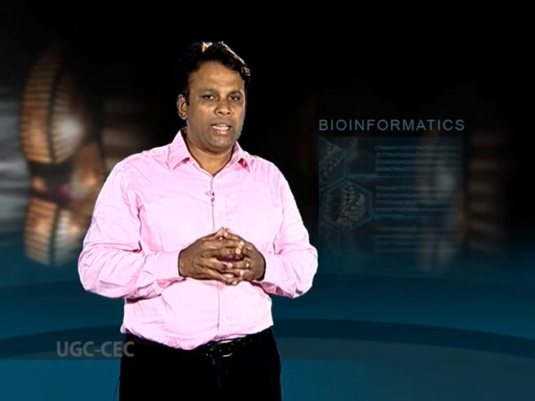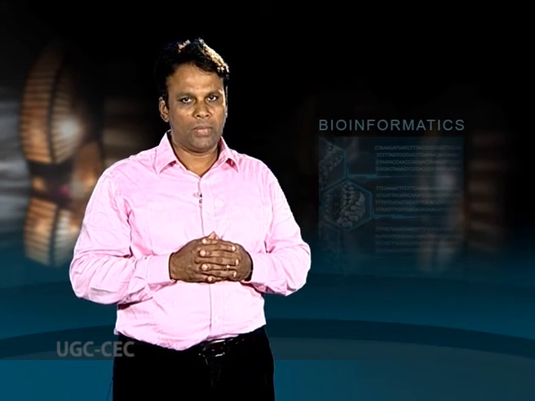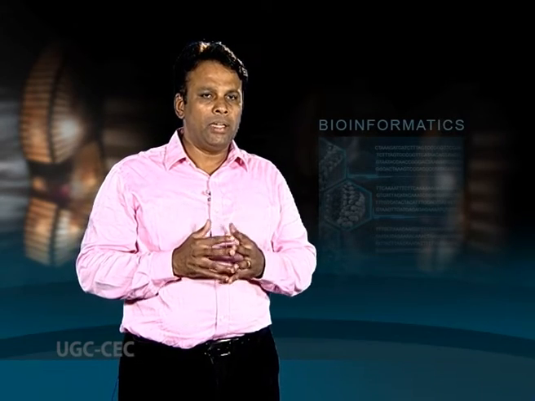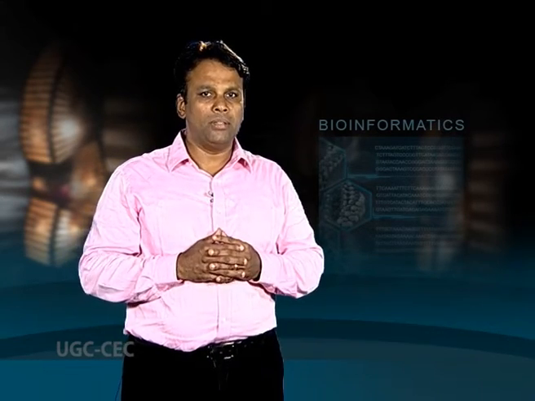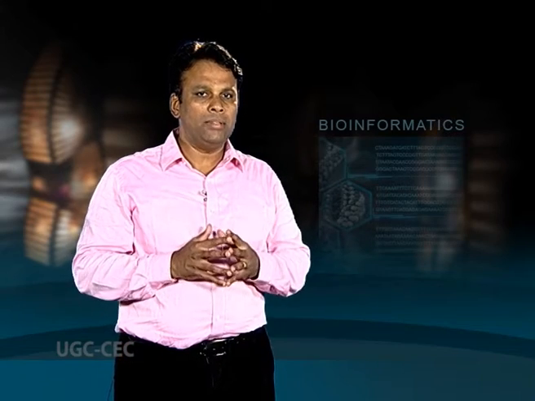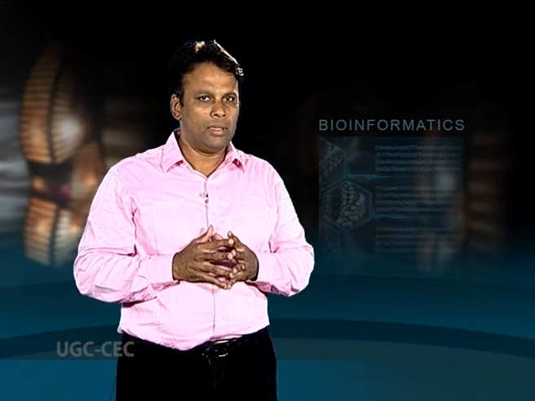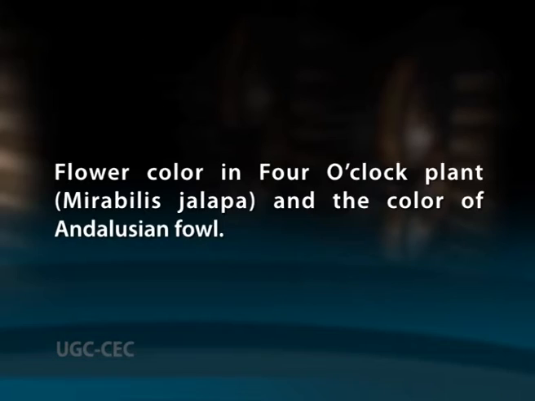This is seen as an exception to Mendel's law of dominance. Genetics has identified innumerable examples of incomplete dominance in plants and animals. Examples are flower color in the four o'clock plant, which is called Mirabilis jalapa, and the color of the Andalusian fowl.